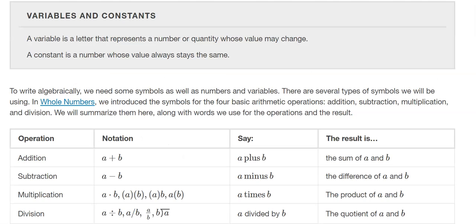It's unchanging. Now, if we talk about the notations, remember the four operations we saw in the whole numbers chapter. So this is what we saw, and here's a quick glimpse of all that we saw. Notice how the language is sum, difference, product, and quotient.